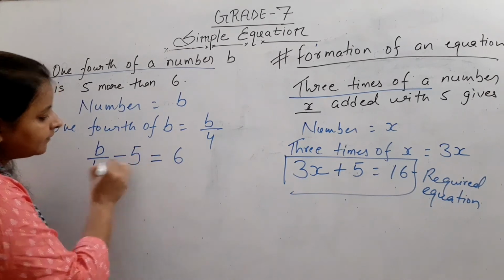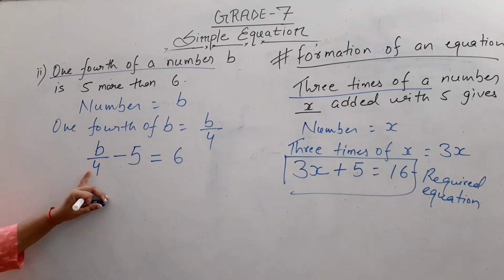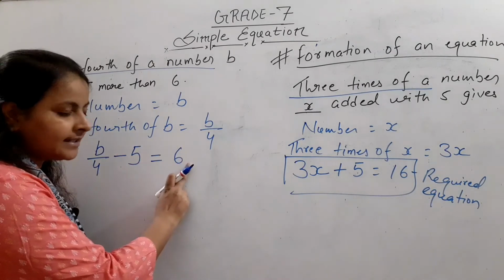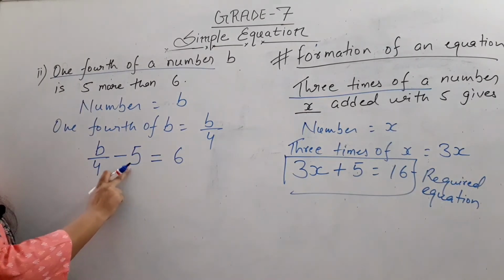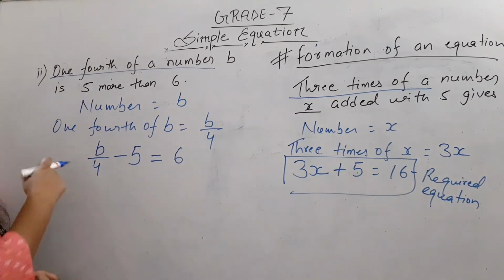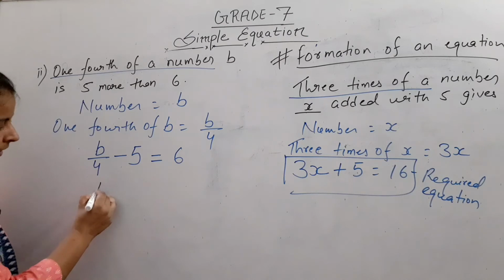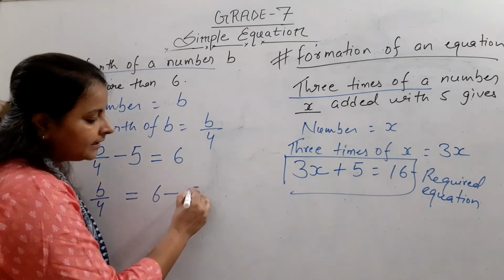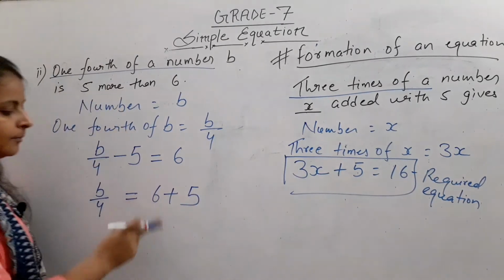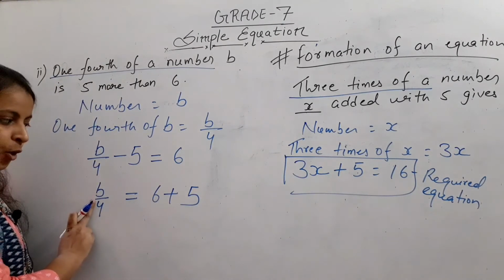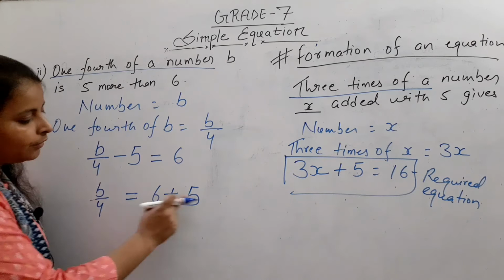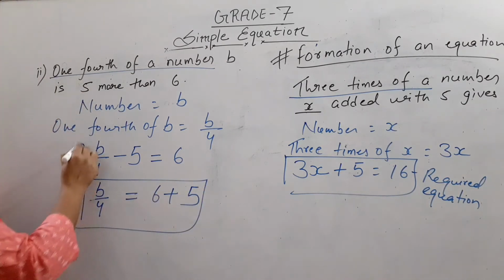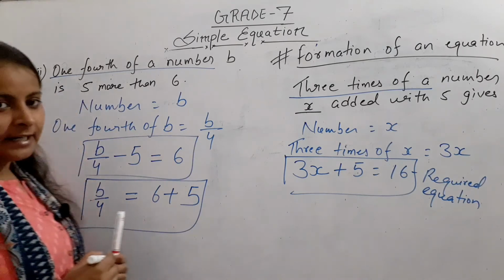We subtract 5 from b/4. Why? Because this number is 5 more than this number. So, we subtract 5 from this number. We can also write this statement as b/4 = 6 + 5, because this is 5 more than 6. So, we can add 5 to 6. Both equations represent this statement.